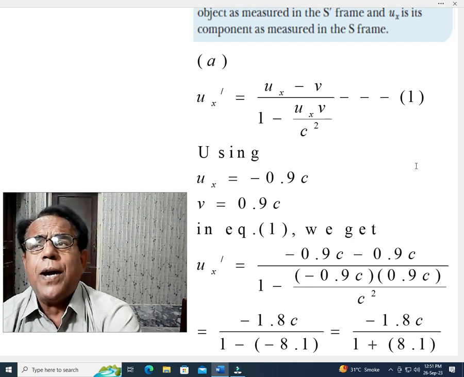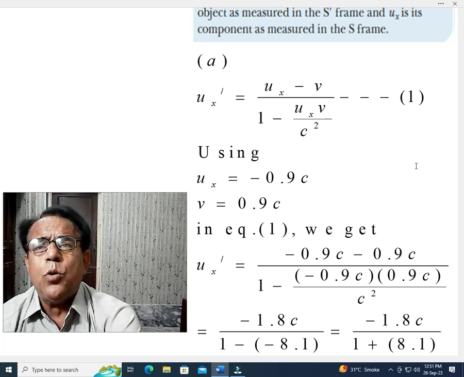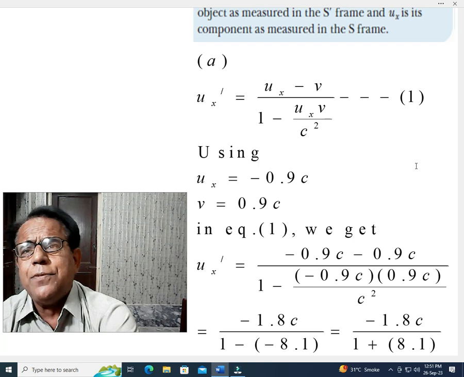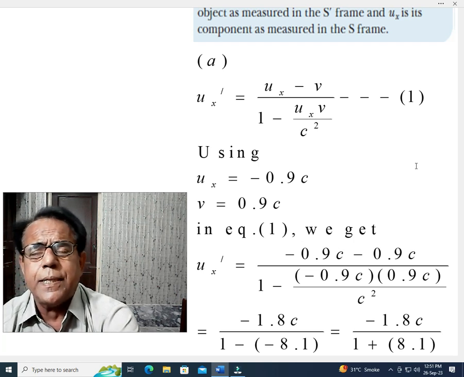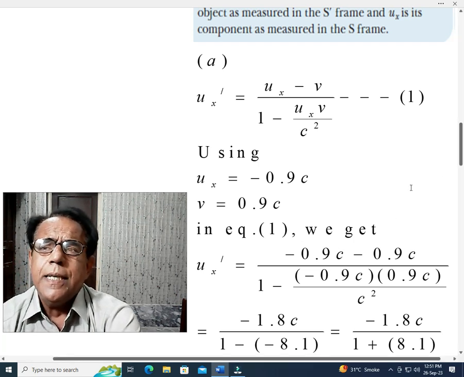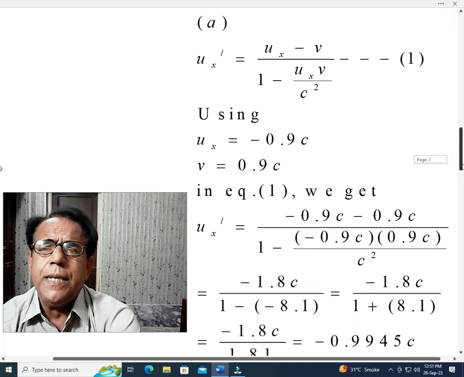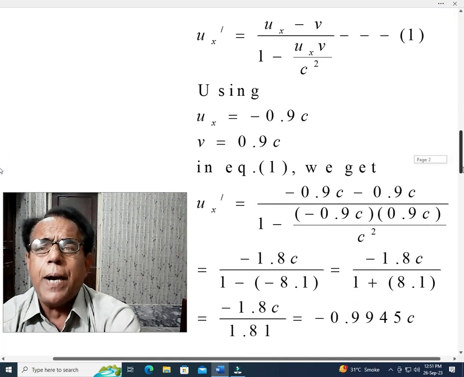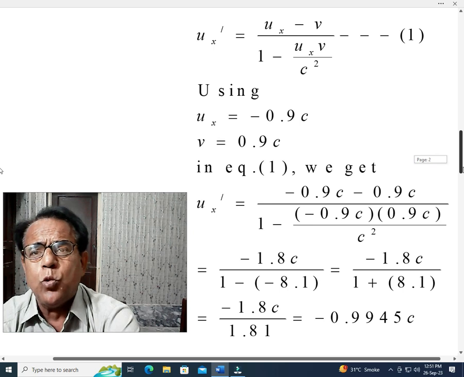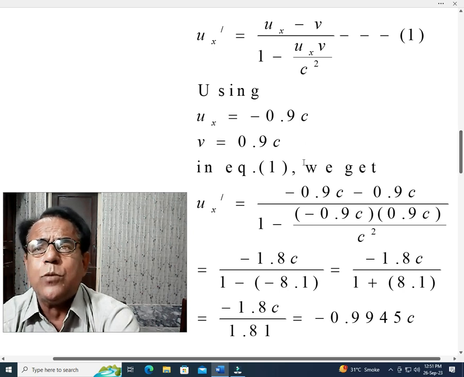So one velocity will be along the positive x-axis and the other along the negative x-axis. That is why we are using here ux equal to minus 0.9 c while v equal to plus 0.9 c in equation number 1.